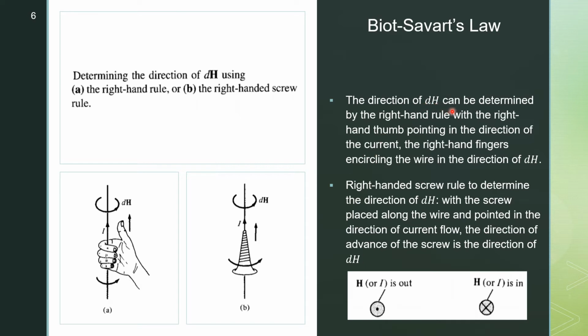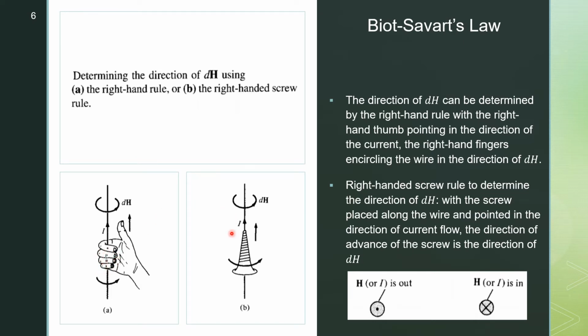The direction of dH can be determined by the right hand rule, that is case A, with the right hand thumb pointing in the direction of the current and the right hand fingers encircling the wire in the direction of dH. So the direction of the fingers represents the direction of dH.